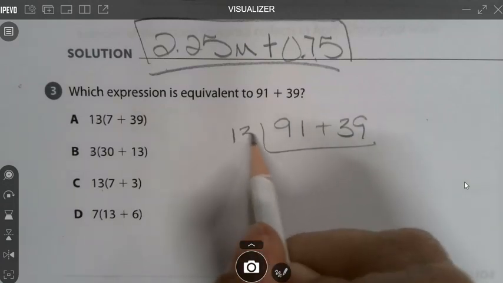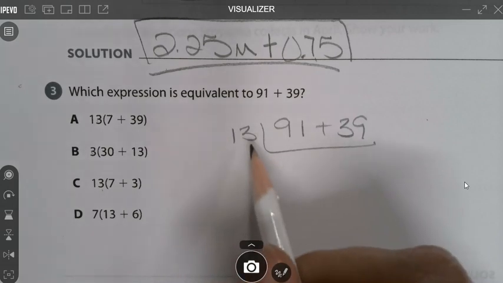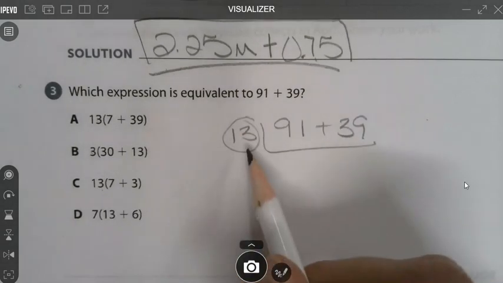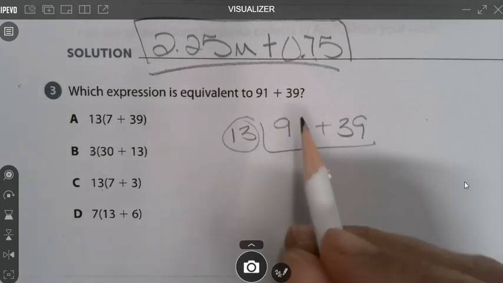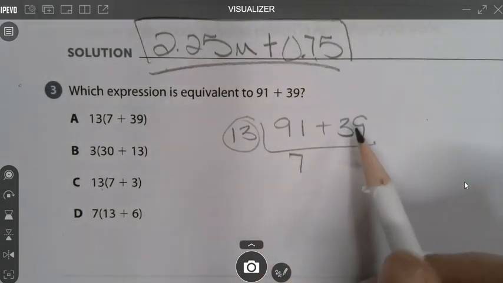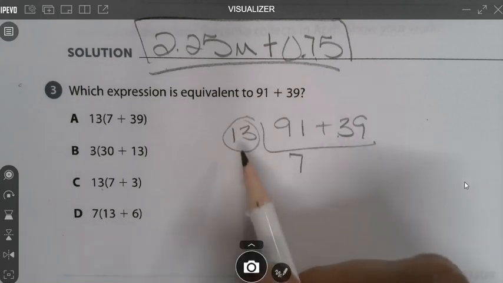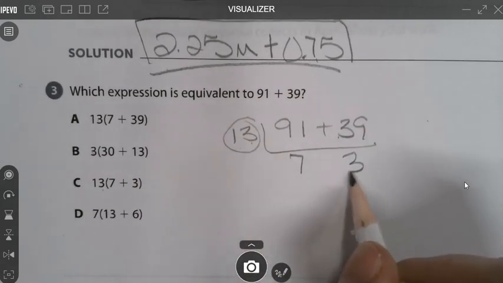Can I pull a 13 out and it give me a whole number? 91 divided by 13 is going to give me 7. And 39 divided by 13, what is that? That's going to give me 3.